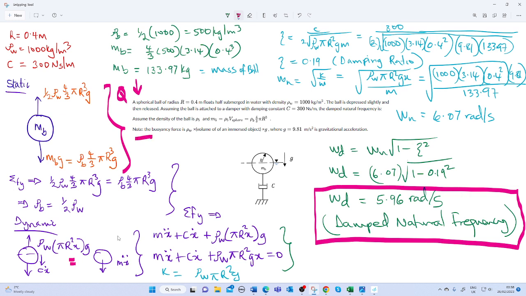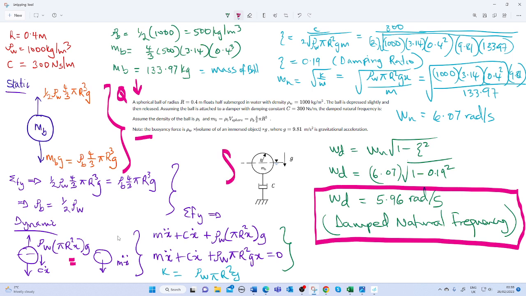Note that the buoyancy force equals the product of the density and the volume of the immersed object multiplied by gravity. And our g, acceleration due to gravity, equals 9.81 meter per second squared.